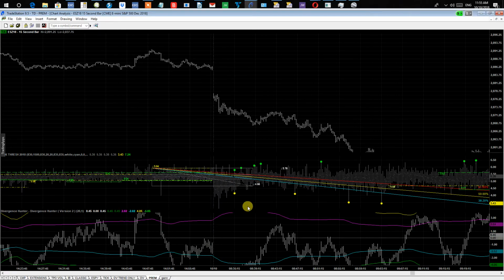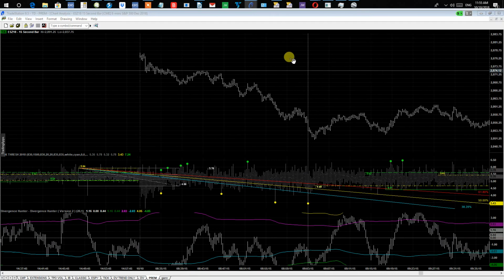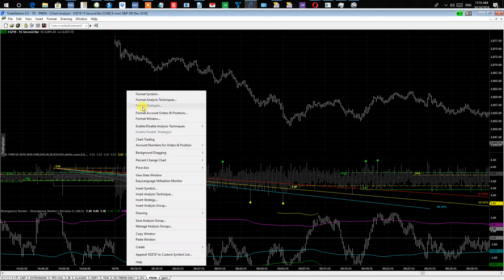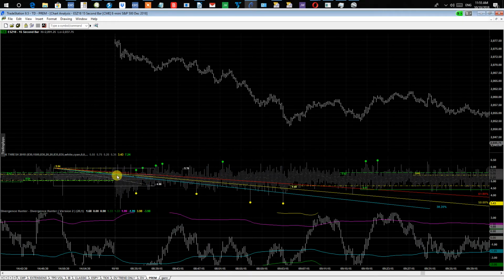And now how do we use it? If we're looking for the low, or at least the initial low, we need to see divergence. So as the fan begins to form, you'll notice that this particular low, we're catching all of these lows here, and we're getting lower lows on the premium as well.